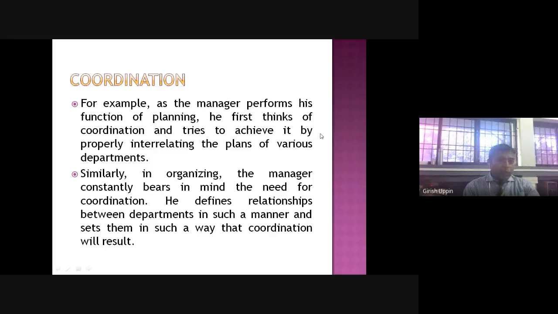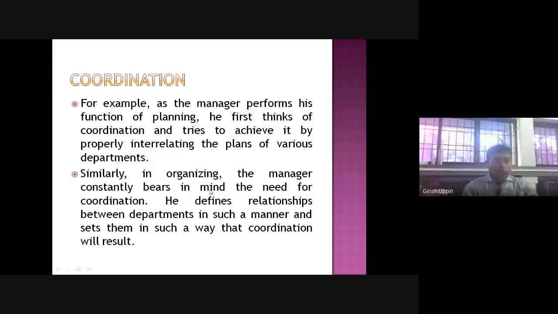He first thinks of coordination and tries to achieve it by properly interrelating the plans of various departments. So here you can see coordination comes into the picture. When he is planning, he will consider the plans of the other departments also, so that there is interdependency, he will consider it well ahead at the planning stage.